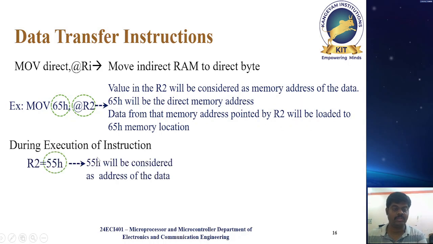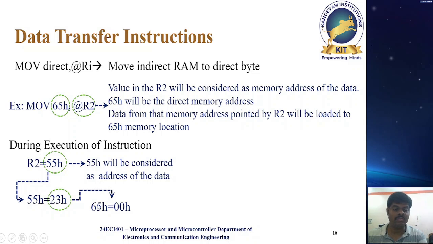Suppose R2 has 55. This 55 will act as a memory location for the data, and 55 holds 23. This data will be processed to memory location 65.